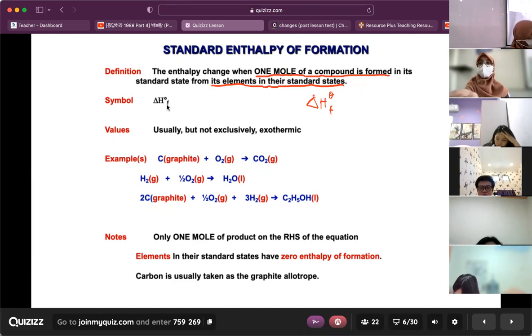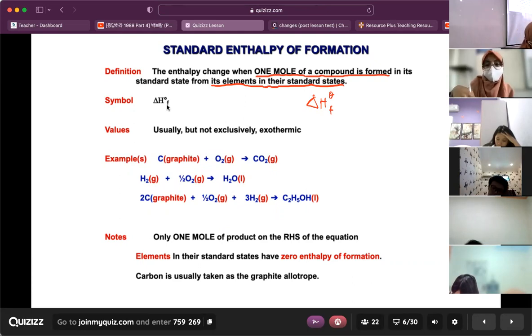Usually you only know delta H with the standard symbol, right? But now if there is f in the subscript, that means that is standard enthalpy change of formation. And the standard enthalpy change of formation value is sometimes positive, sometimes negative.